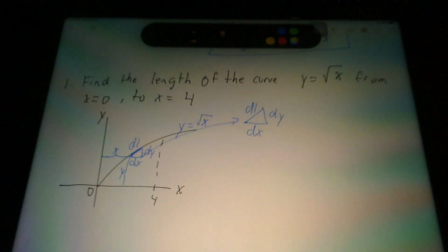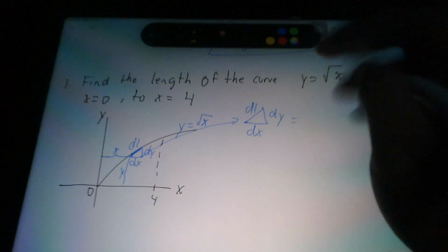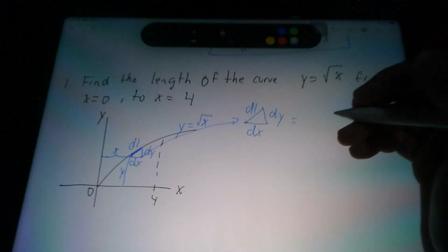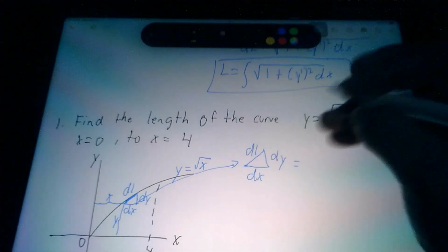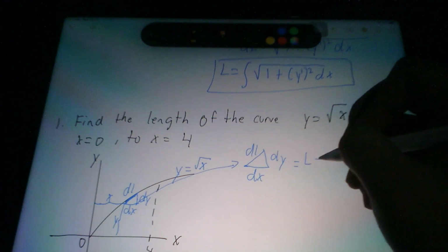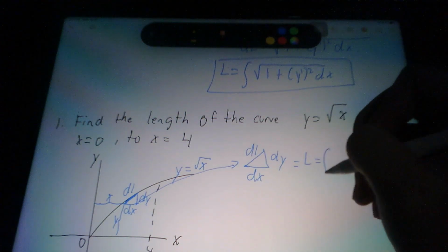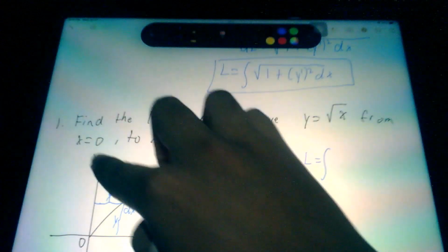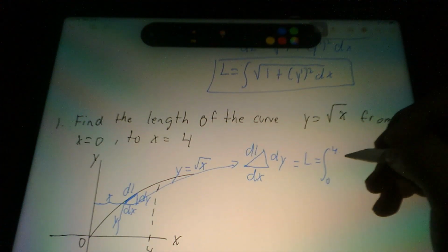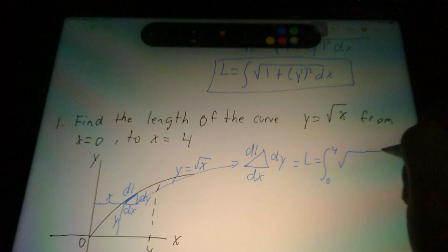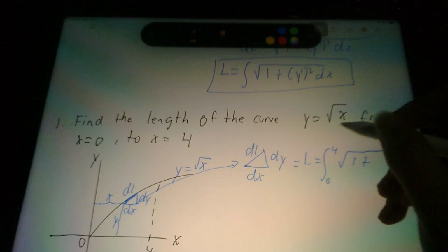Now we are going first to find the y prime. Oh no, wait, we need to derive the formula from here. So as I mentioned earlier, our formula looks like this. L equals to the integral with limits 0 to 4, and square root of 1 plus y prime here.